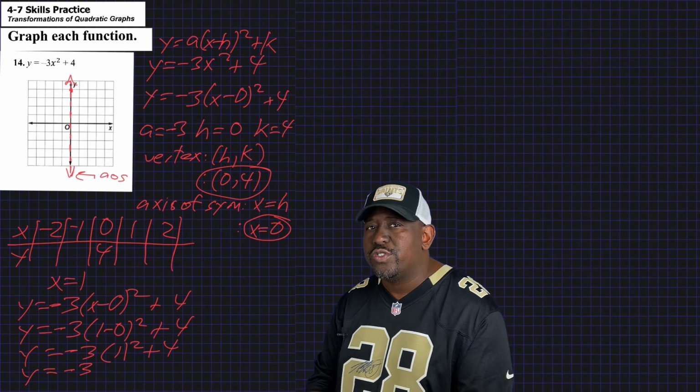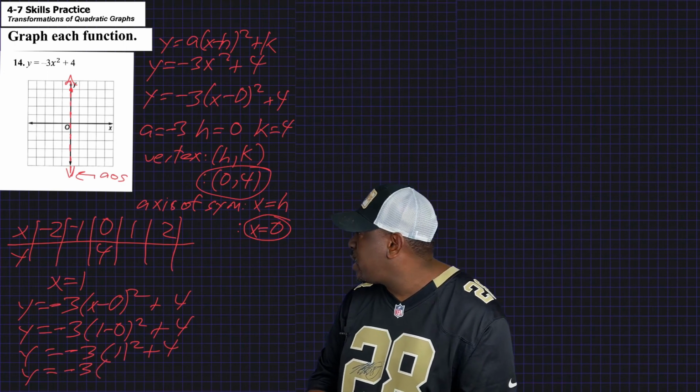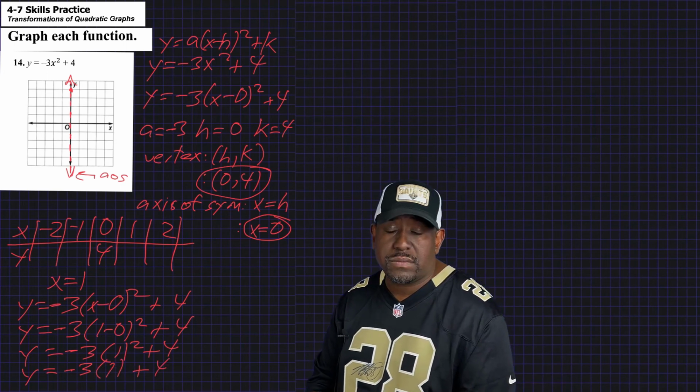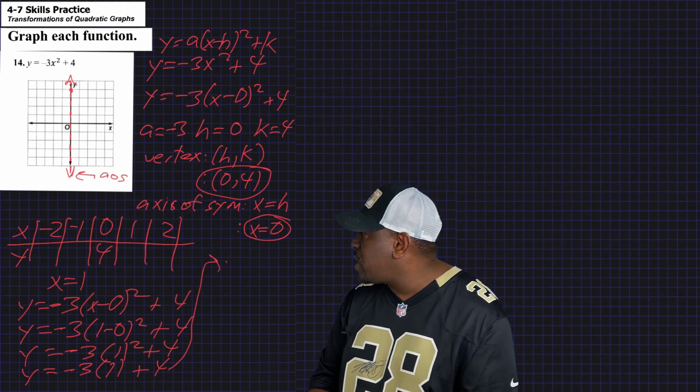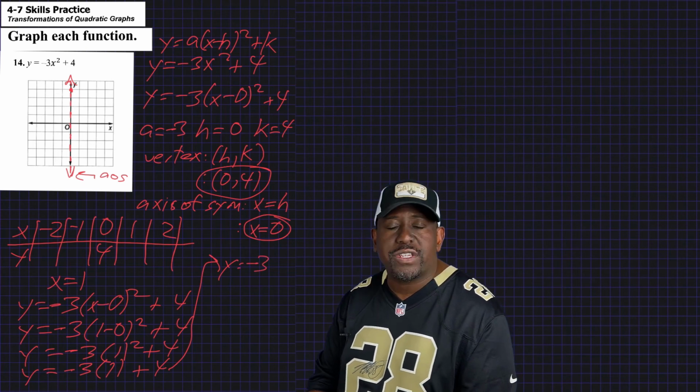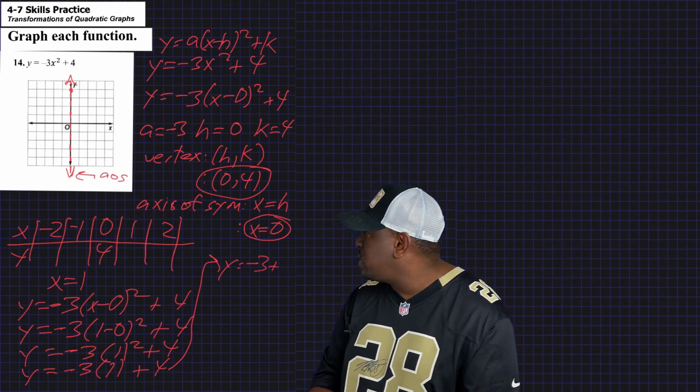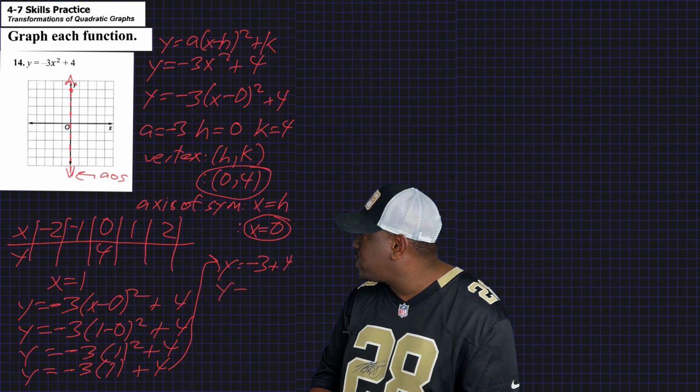And again, we want to use order of operations rules and do one step at a time, like we're doing. Next, we multiply negative 3 times 1. We run out of space, so I'll put an arrow there. Negative 3 times 1 is negative 3. Negative 3 plus 4 will give us a final y value of 1.